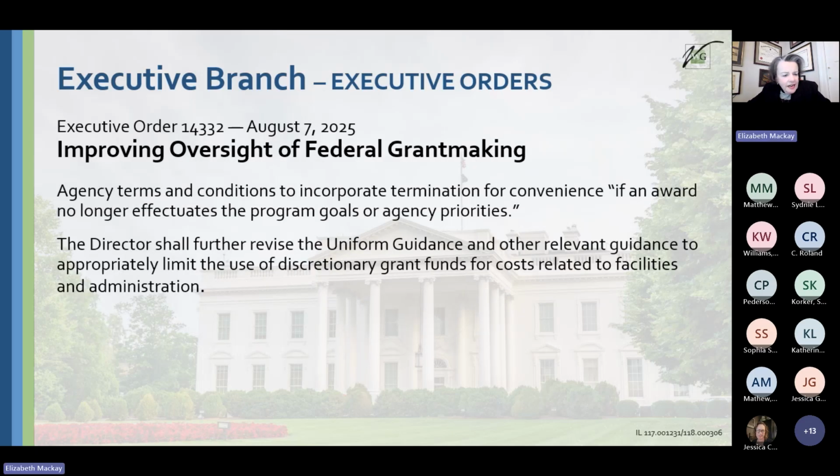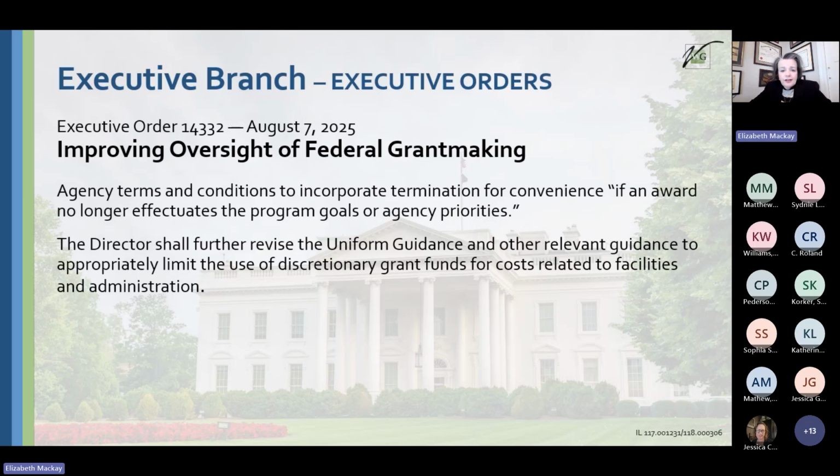In this next executive order, improving oversight of federal grant making essentially ensures that the agency terms and conditions, T's and C's, incorporate termination for convenience, right? So termination for convenience doesn't mean that the beneficiary, the recipient, necessarily did anything wrong, but the government has its reasons for terminating the contract.